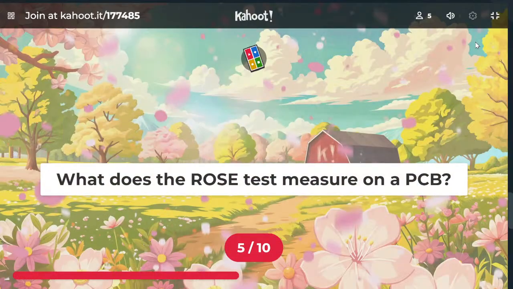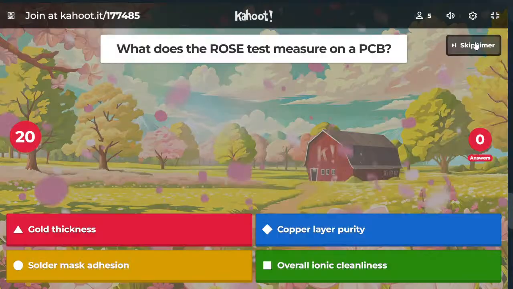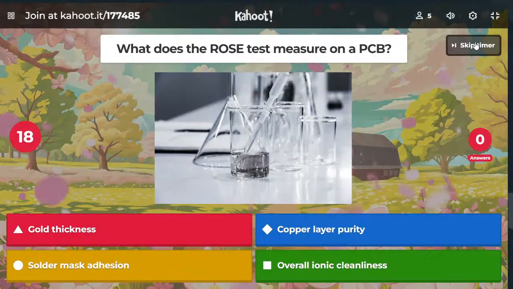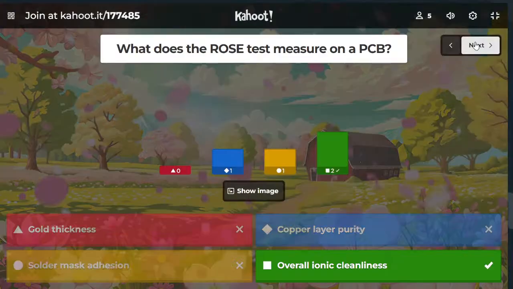Next question on your computer, please. What does the ROS test measure? Even after discussing, again incorrect answers.